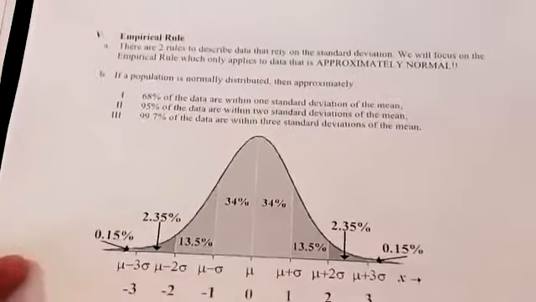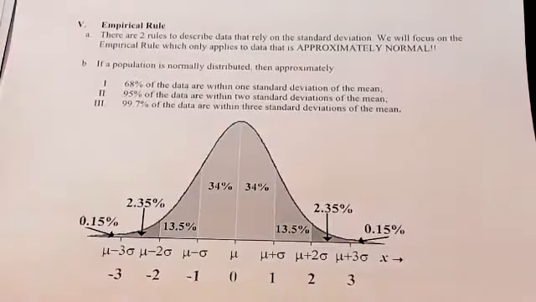Here we have the empirical rule. Now we get to finally talk about where standard deviation actually applies. When we talk about normal distributions, we are always going to talk about 2 items. We're going to talk about the mean, which by the way is the same as the median and the mode, but typically we just focus on the mean. And we also talk about the standard deviation.